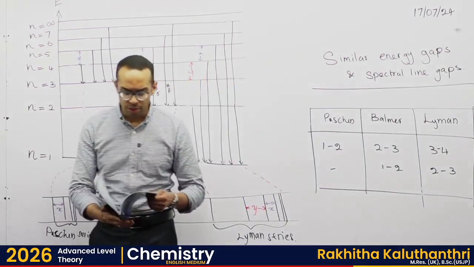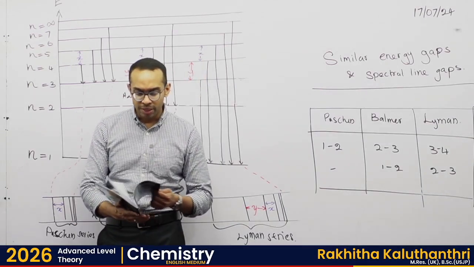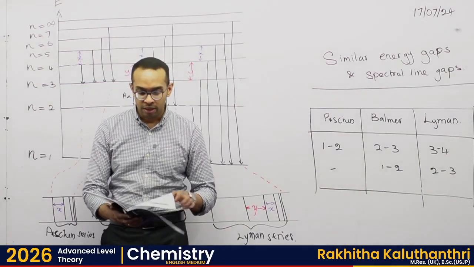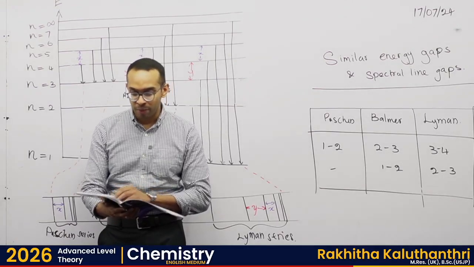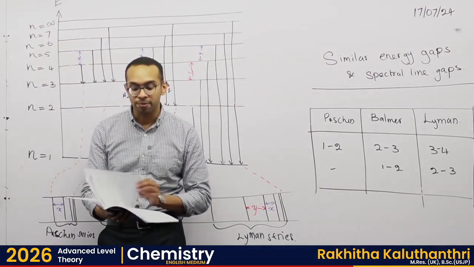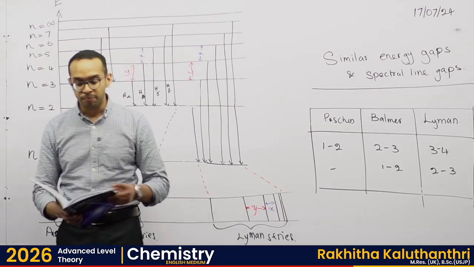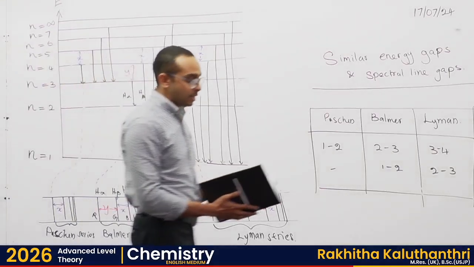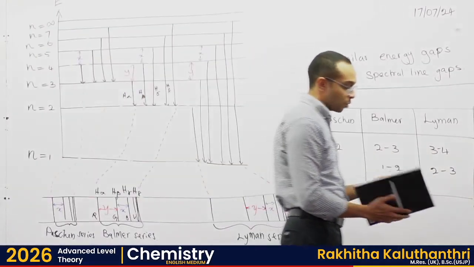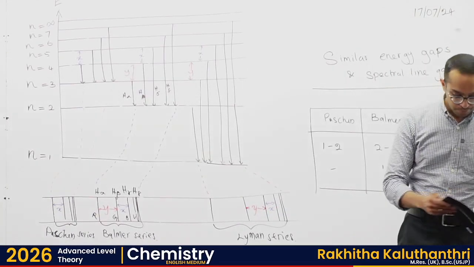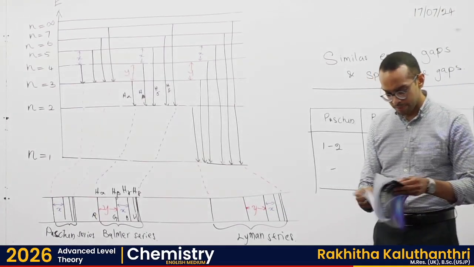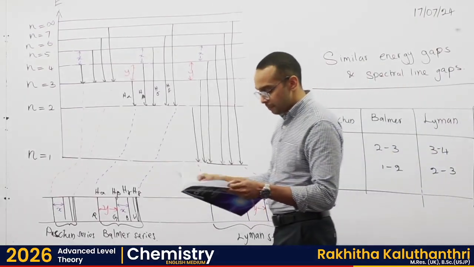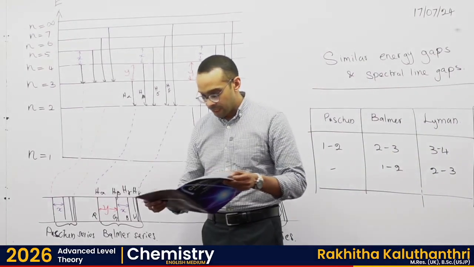So shall we move on to some questions from here, because now it is time for us to have a look at a couple of questions. Now we have observed the basic concepts of the emission spectrum. We have to now move on to the next part, that is doing some questions related to this. So turn to, bear with me, page number 35.